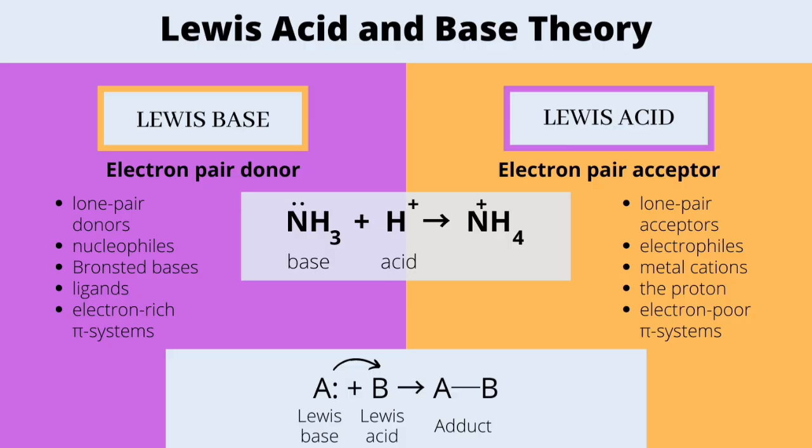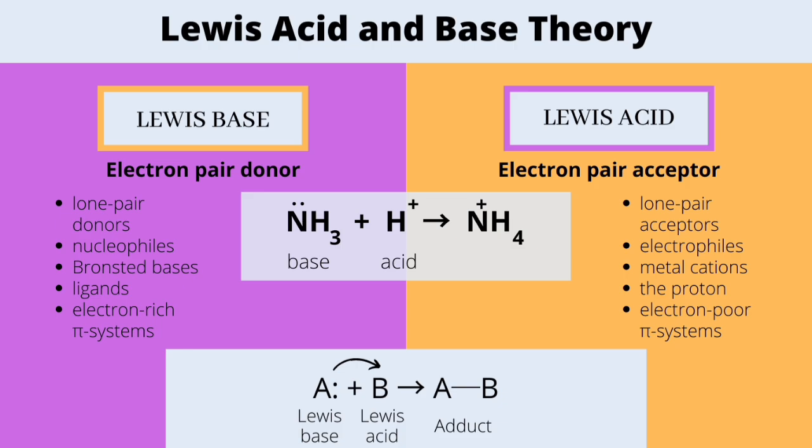Take note that Lewis acids are electrophilic, and then a Lewis base is a substance which can donate a pair of electrons to form a coordinate covalent bond. That's an electron donor.